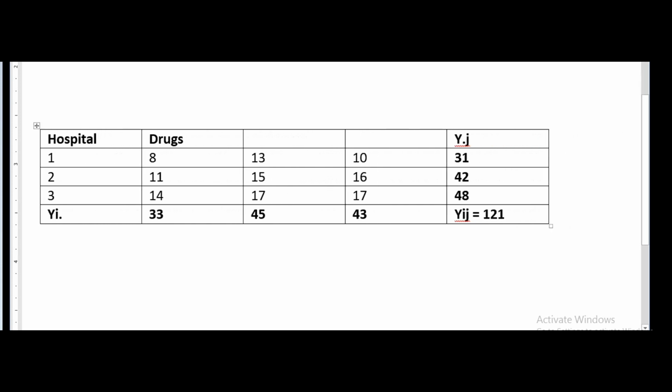So now in computing our analysis of variance for randomized completely block design, let's go back to our worksheet. We are going to be needing some parameters here.